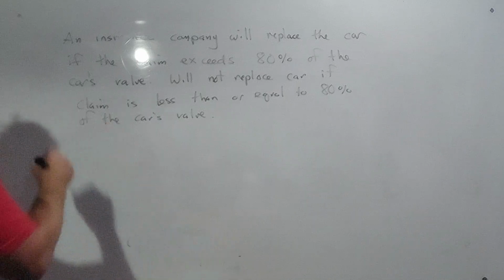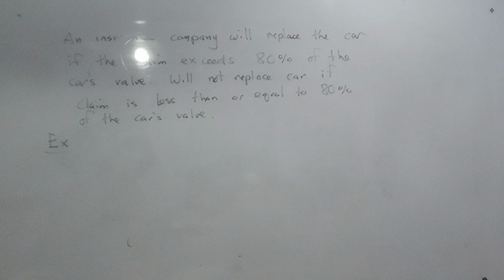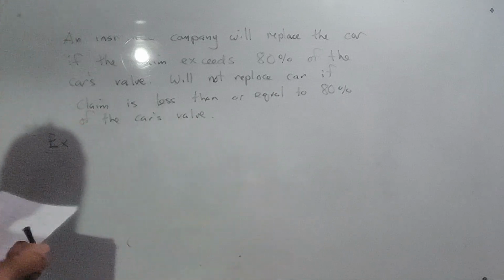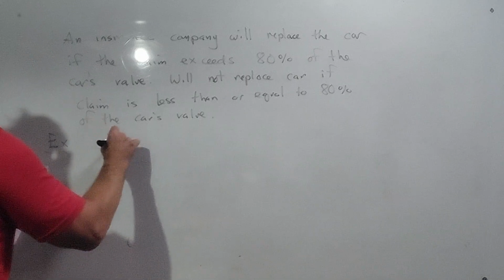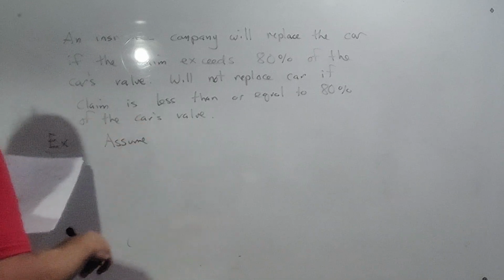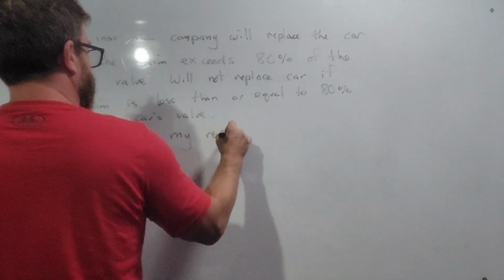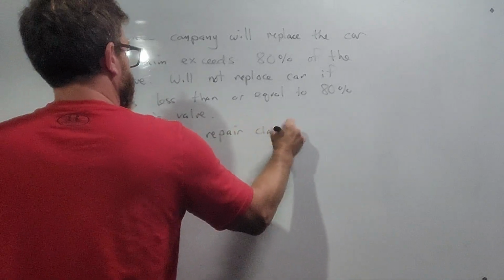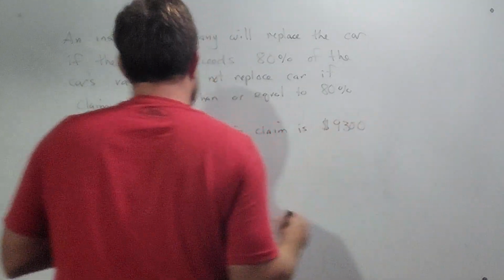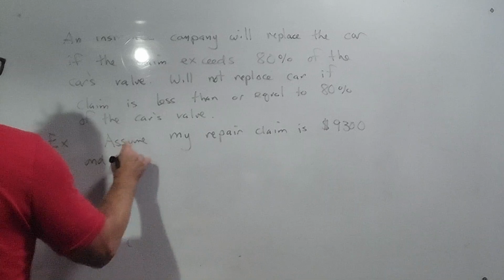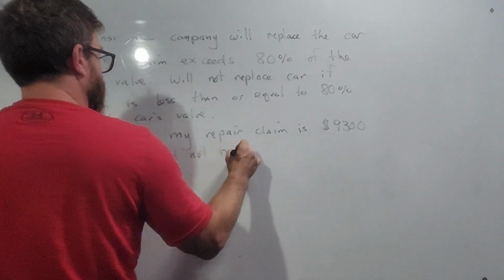All right, so here's an example. Let's say I got in a car accident and the repair was $9,300. So assume my repair claim is $9,300, and they did not replace the car.